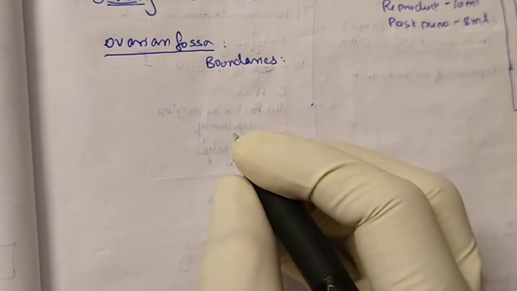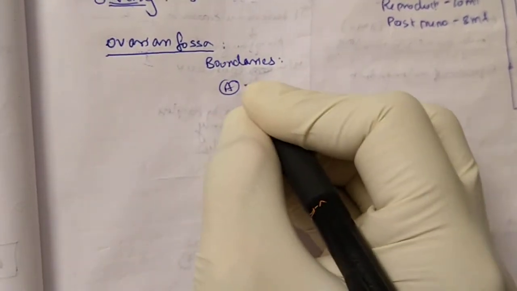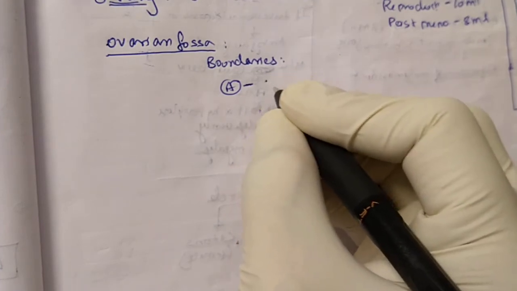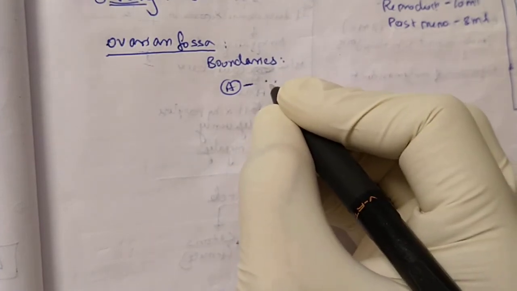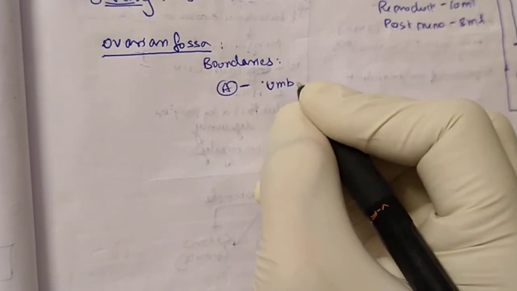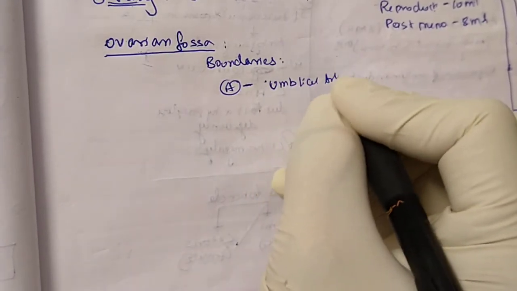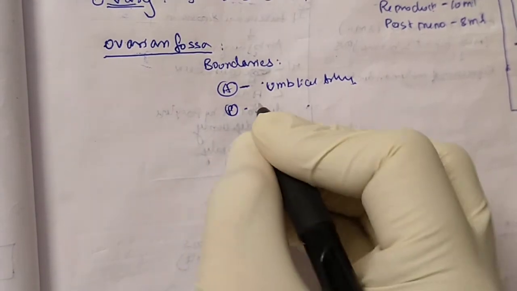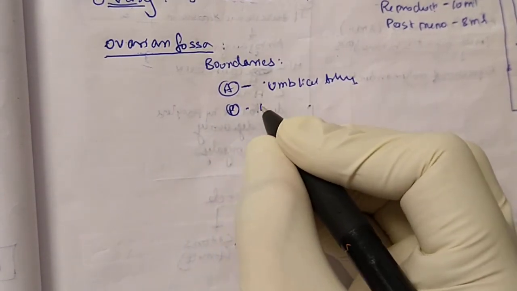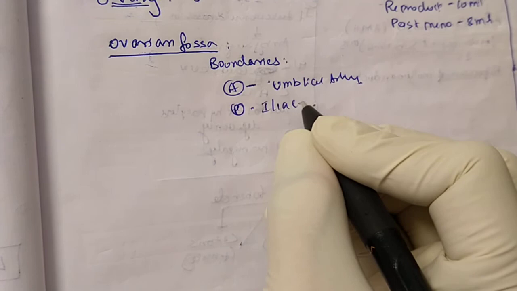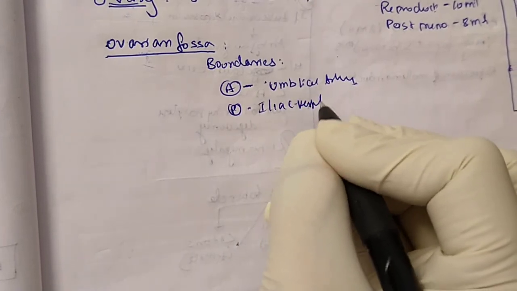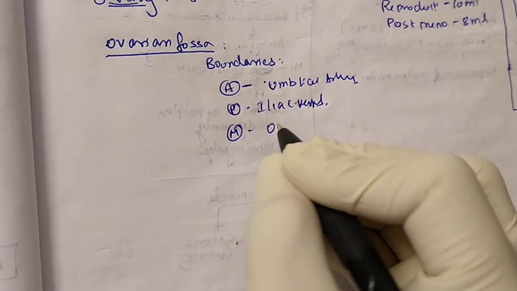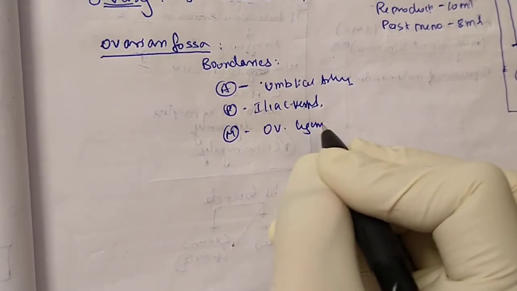Anteriorly we have umbilical artery. Posteriorly we have iliac vessels. Medially we have ovarian ligaments.